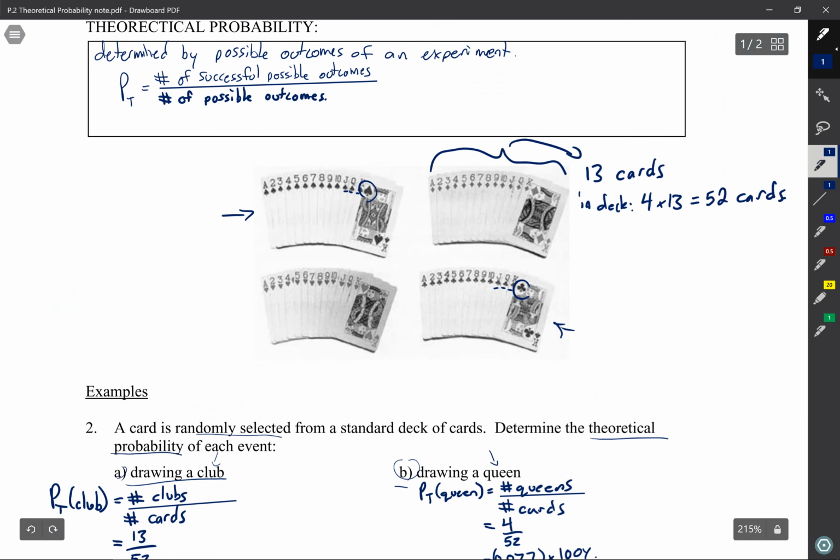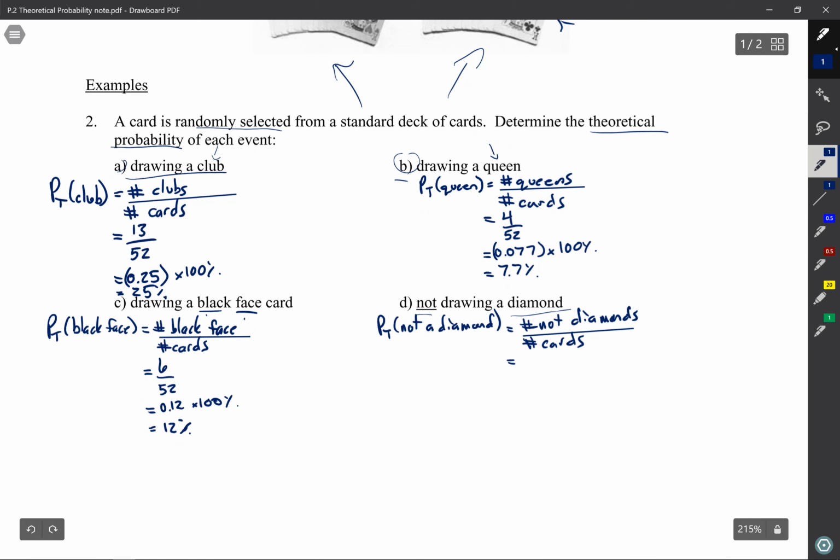Well, if I go up here, number of cards that are not diamonds is all of them except these. That means 13 here, 13 here, and 13 here. So that's 3 times 13 are not diamonds. We'll put that in brackets, divided by 52 cards.